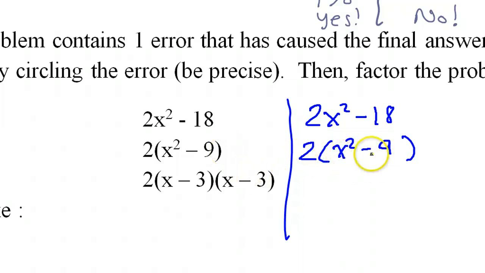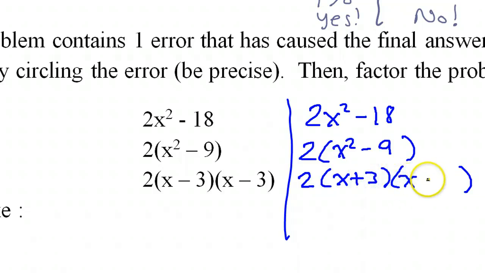I would look at the x squared minus 9, and I'd think to myself, hey, that's the difference of 2 squares. I'm going to factor that down. How does x squared minus 9 factor down? Well, that factors as x plus 3 times x minus 3, which makes sense because positive 3 times negative 3 would make negative 9.